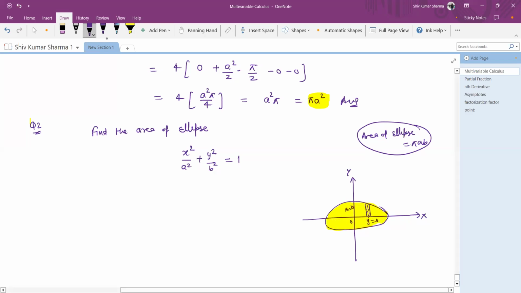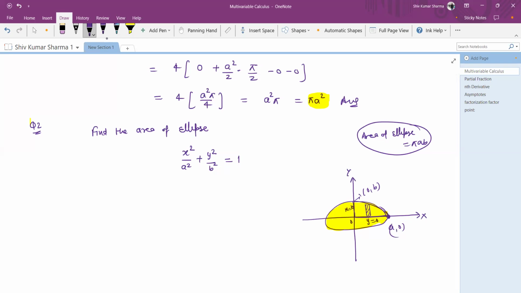So we take an elementary strip parallel to the y-axis. When you take the elementary strip parallel to the y-axis, the coordinate of this point is a comma 0, and the coordinate of this one is 0 comma b. So now we are going to evaluate the area of this quadrant, and for the whole ellipse we multiply by 4.